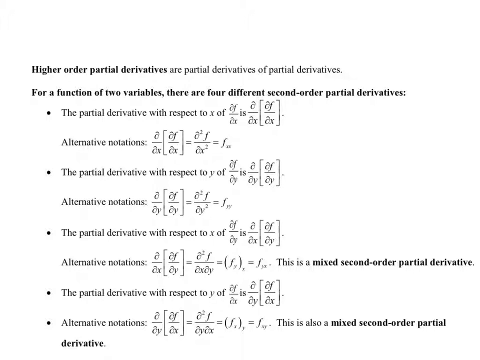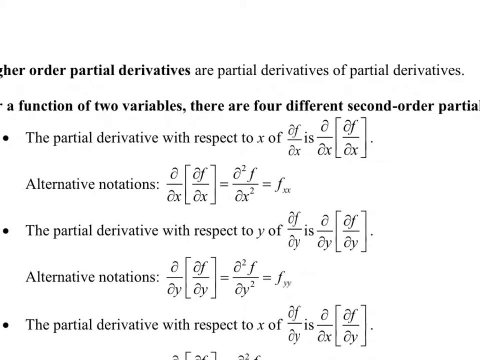But the nicer way of representing it would be using the subscripts because it just involves writing less stuff. So for the second order partial with respect to x, meaning you took the first derivative with respect to x and then the second derivative with respect to x, this would be your notation. They say it's the alternate notation. That's my preferred notation.